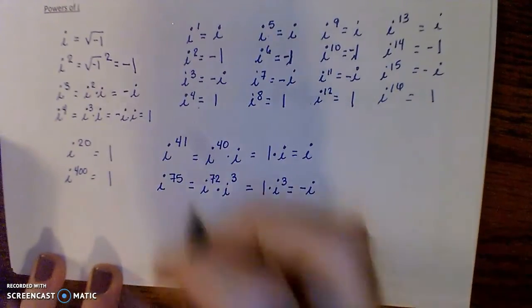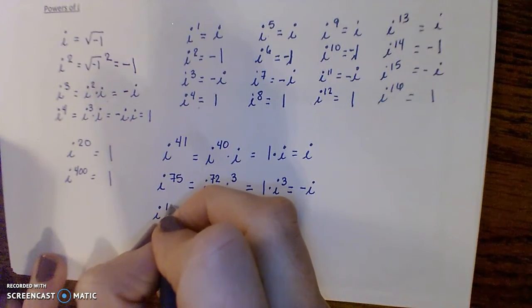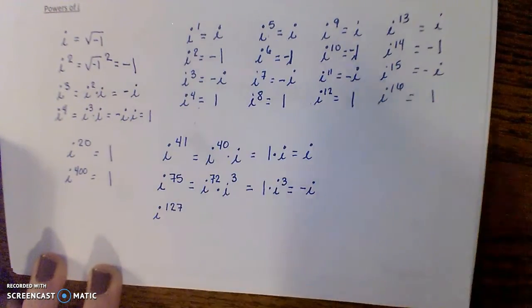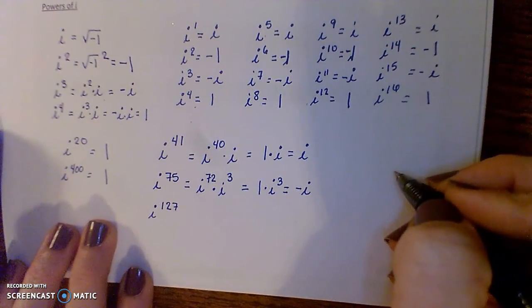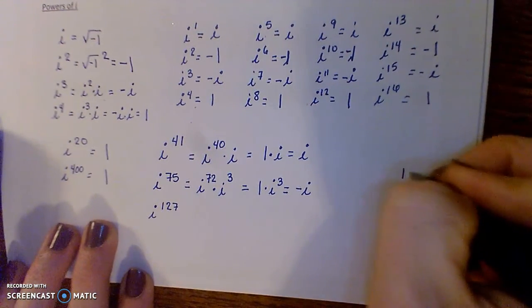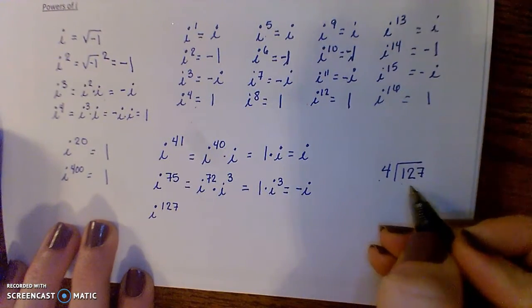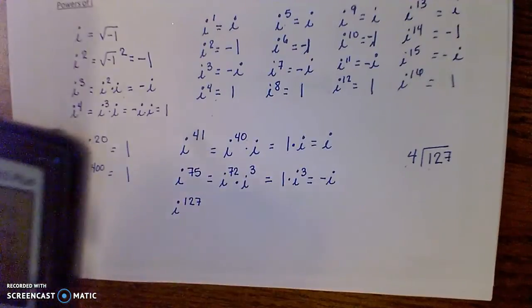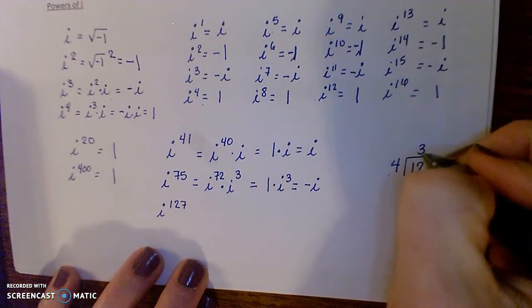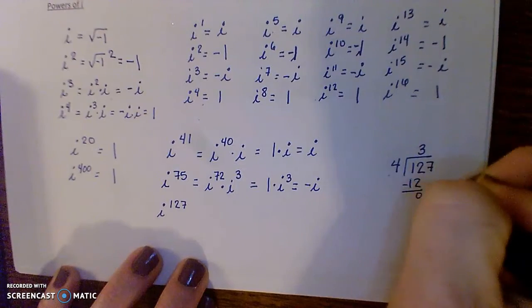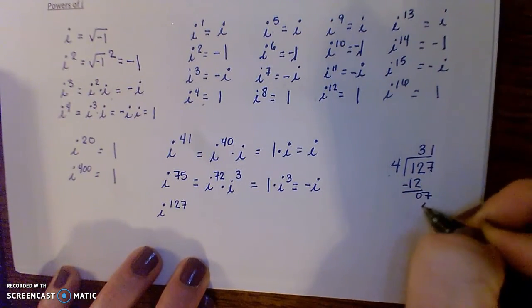Let's just do one more. Let's say i to the 127th power. I can even do this by hand by thinking about how many times 4 goes into 127. So divide this by 4. You can do long division if you like, or use your calculator like we did with the last problem. 4 goes into 127, let's see, that's 3 times. 4 times 3 is 12. Subtract, bring down the 7. 4 goes into 7 once. 1 times 4 is 4.